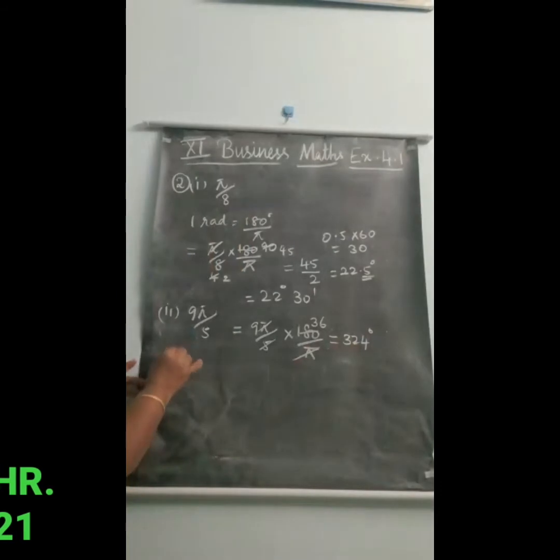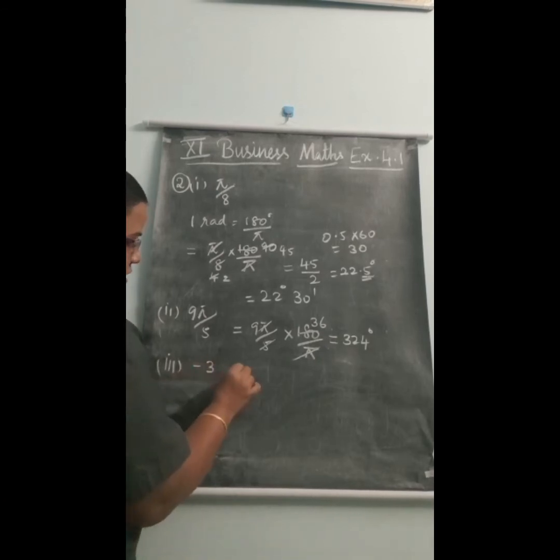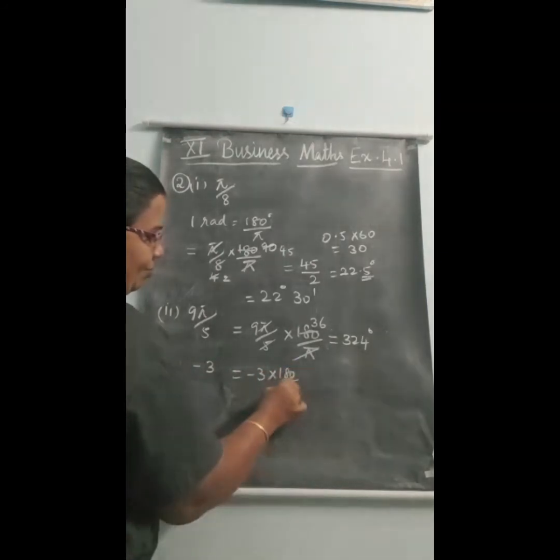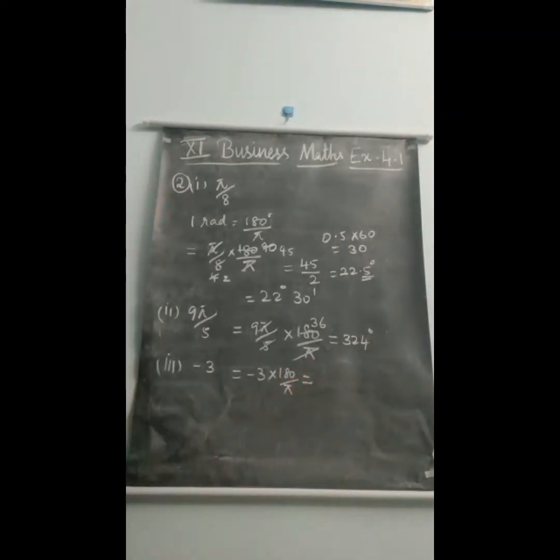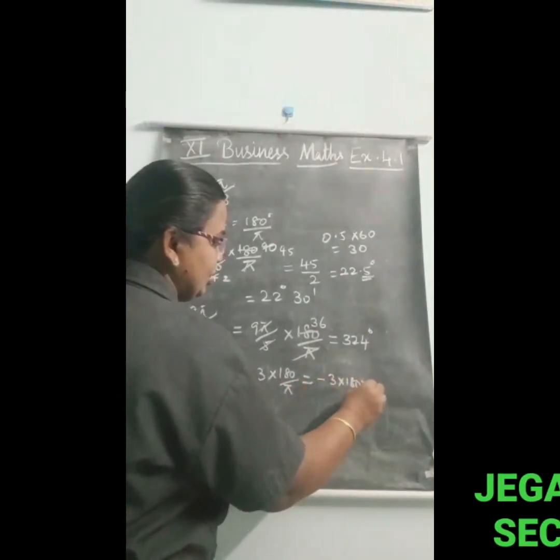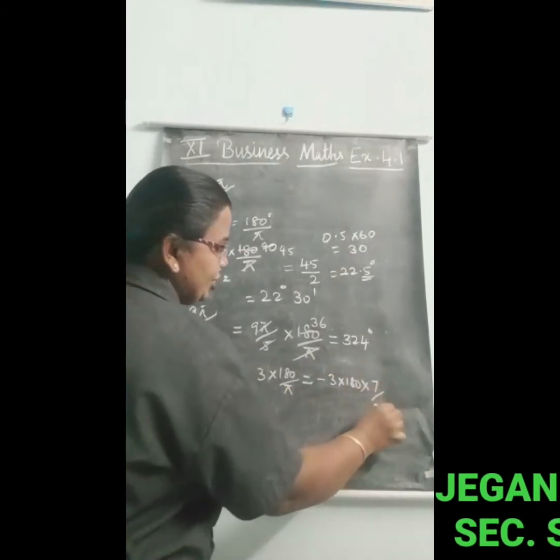And the third one is minus 3. So we multiply minus 3 into 180 divided by pi. We consider pi as 22 by 7, so minus 3 into 180 into the reciprocal 7 by 22.